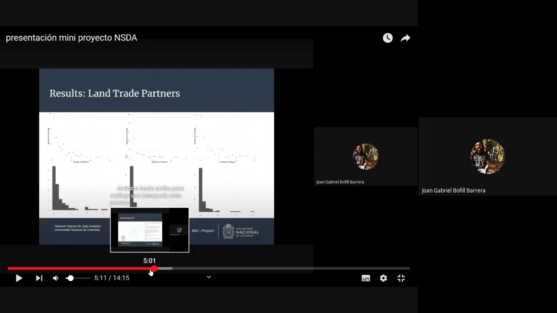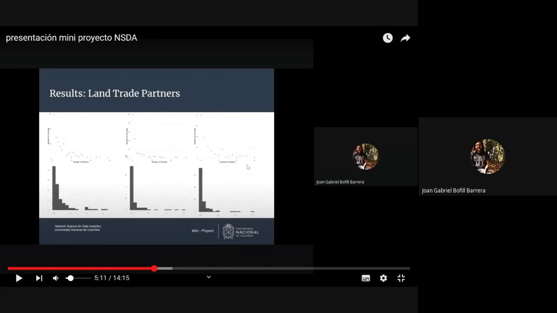Here we can see, for example, the number of partners. We see a negative exponential trend because there are a lot of countries that have one partner or two, but it's rare to have a lot of partners.